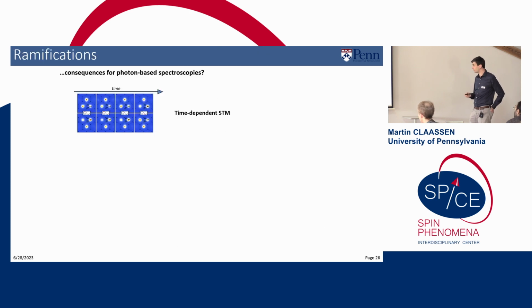So I think I'm almost out of time, so let me just do one slide on ramifications and what we're thinking about now and where we're going with this. First of all, the lowest order question, aside from dynamical control, which might be relatively hard to achieve, is: is there something simpler to probe this mechanism? The simplest thing we could do is time-dependent STM.